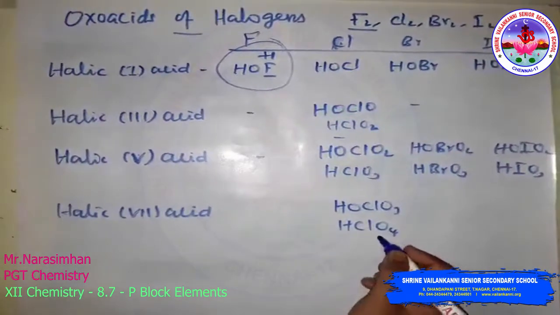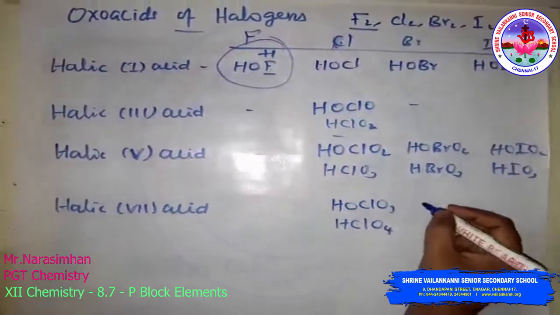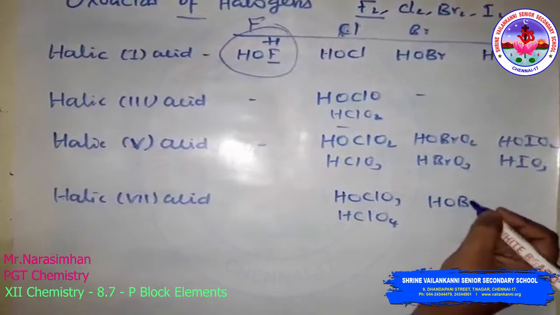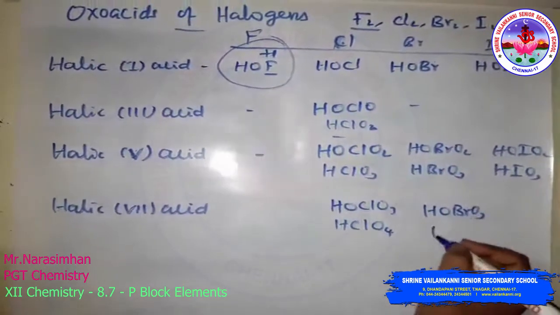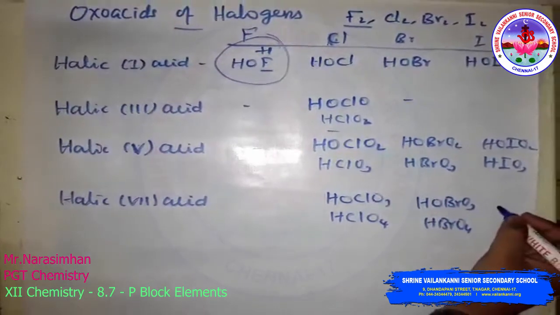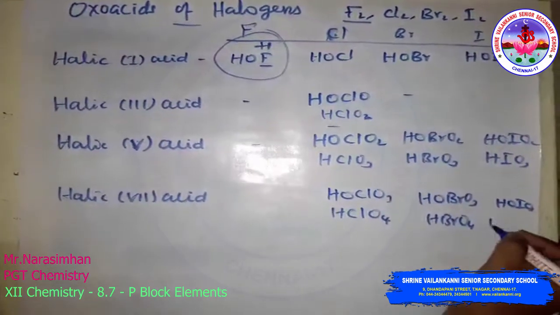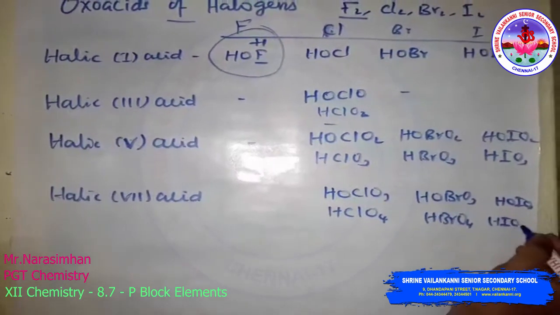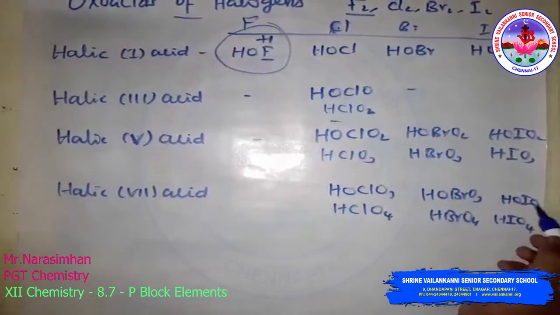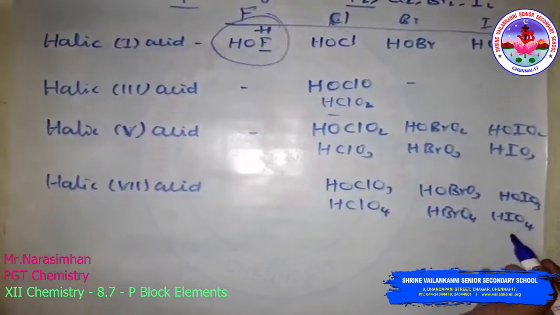Then perbromic acid, HOBrO3 or HBrO4, and periodic acid, HOIO3 or HIO4.